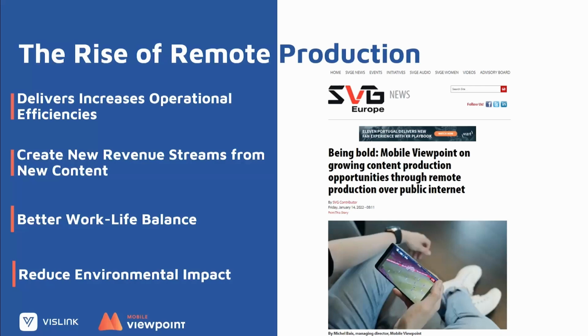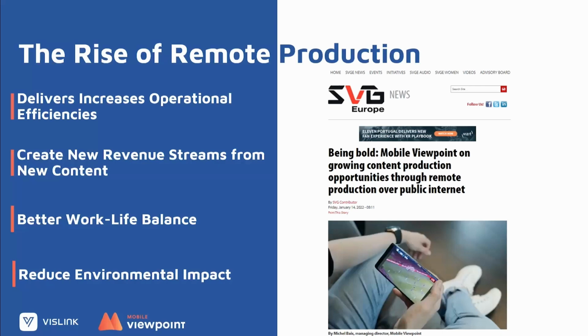In terms of other benefits, it's now becoming more and more important to use remote production to reduce the impact on the environment, less travel, all of those impacts that we need to do something about. And with the efficiency savings that remote production gives, that enables you to move into producing new content at new events, because you can produce that content much more efficiently than you could before.